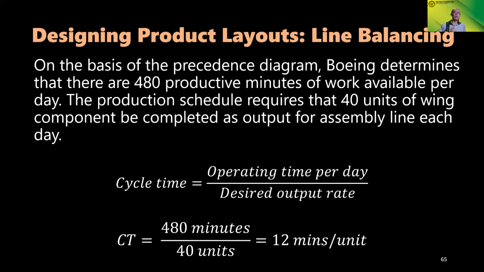Therefore, in this problem, cycle time is 12 minutes per unit. Okay, how? This is computed by dividing 480 minutes by 40 units. So we are done with step number 2, which is computing for the cycle time.